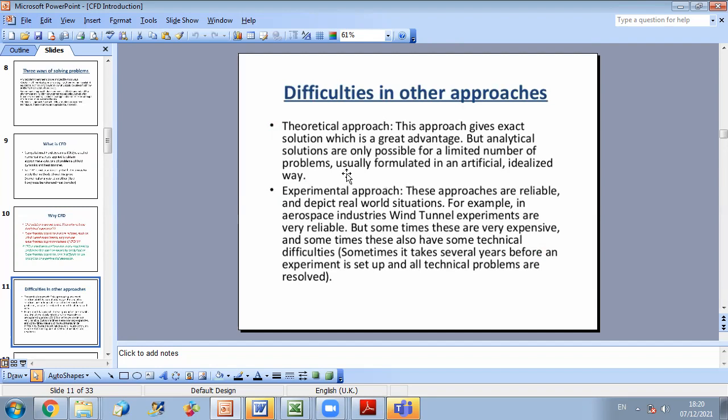For example, if you want to perform, in aerospace industries, some experiments on models of airplanes or cars, you can use wind tunnel experiments, but sometimes these are very expensive and can present technical difficulties. So it might take several years before an experiment is set up and all technical problems are resolved, especially if we are talking about airplanes, cars, etc.